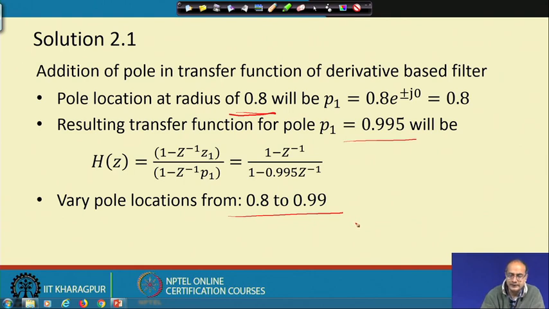The new transfer function would be of this form. Earlier we had just the numerator part, now we have a pole at a certain location P1. For the value of P1 equal to 0.995, this is the equation we get.